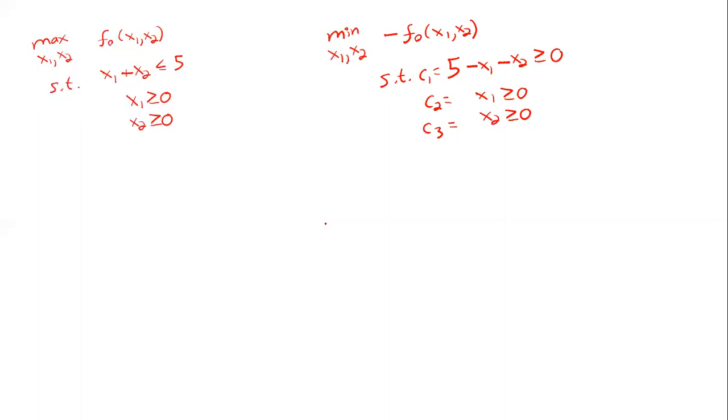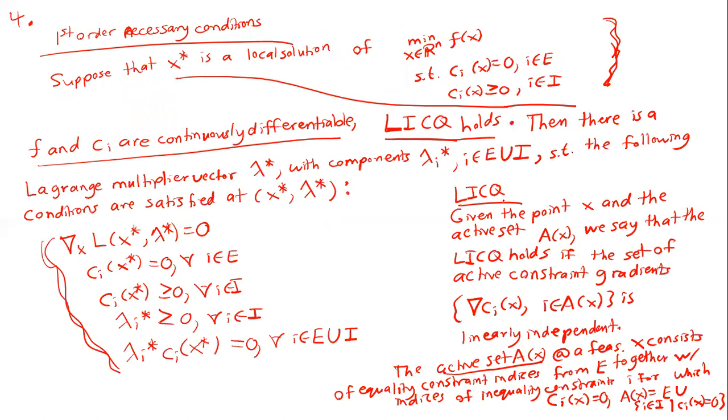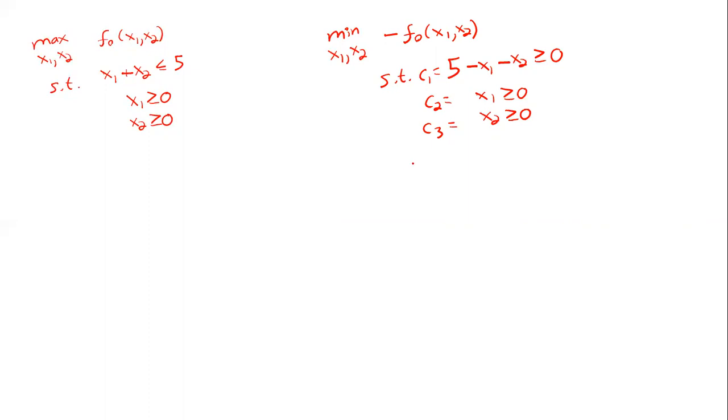So now let's look at what's going on with the LICQ. In order to look at whether or not the LICQ holds, I need to look at my active constraint gradients and check if they're linearly independent. So first, let me just get the gradients of all of these constraints.